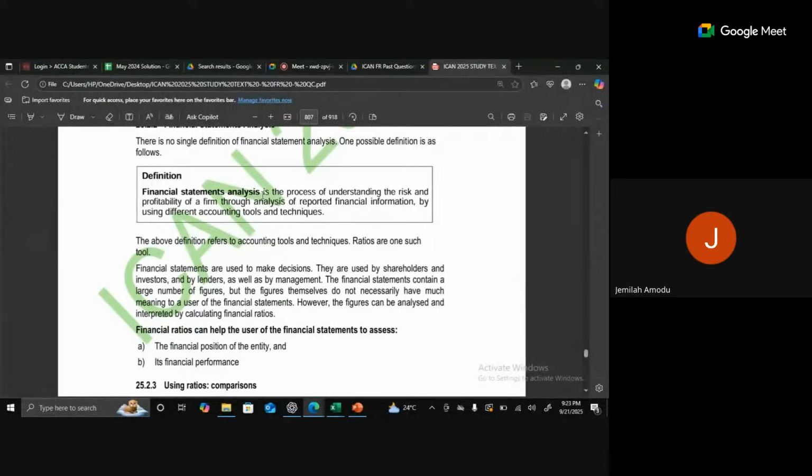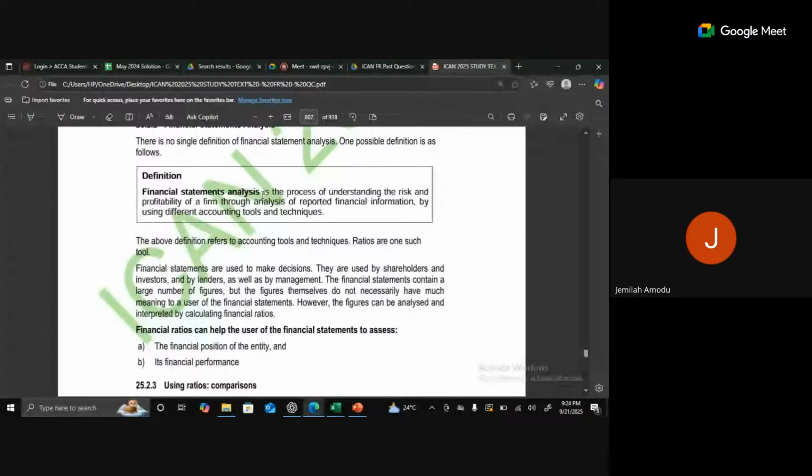So basically, the summary is you are just trying to understand those numbers, right? Simply put, you have your income statement, you have your statement of financial position. Those are just numbers looking at you. You can't just make a decision based on just those numbers.